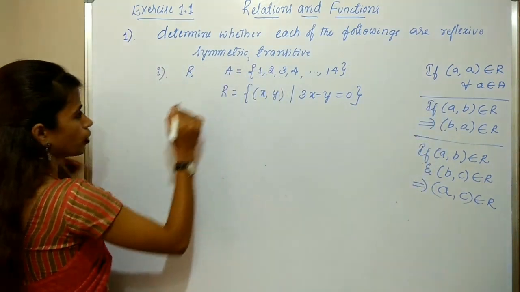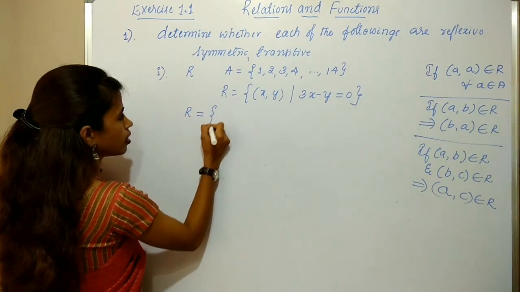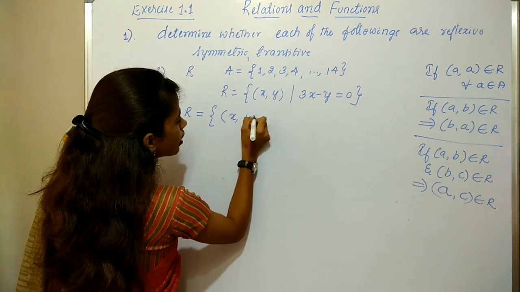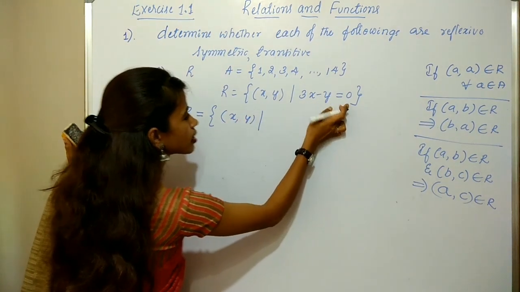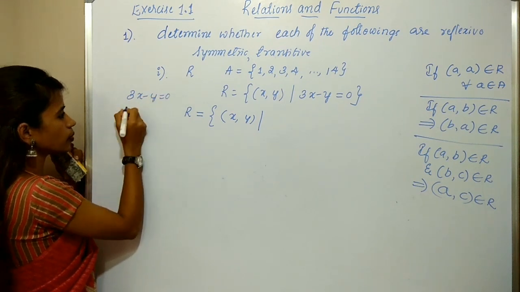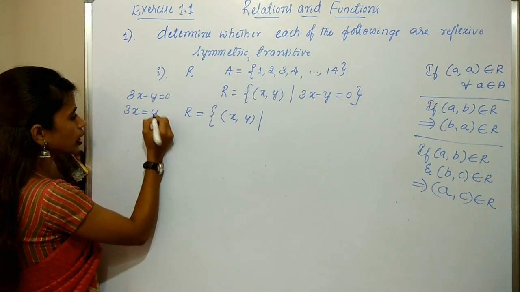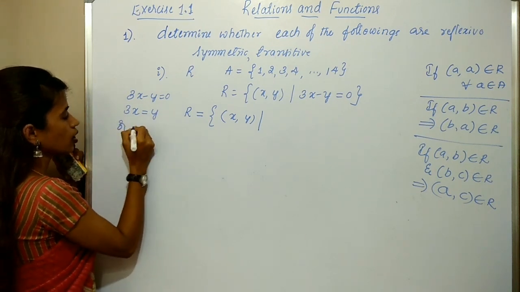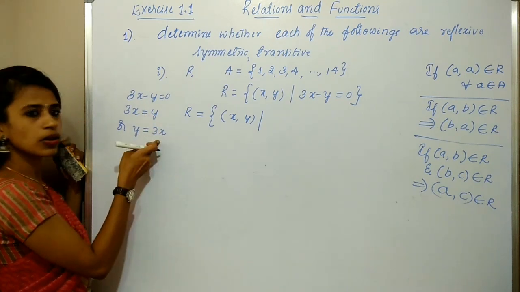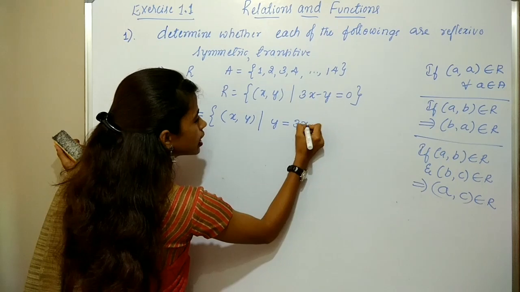Okay. So first, here I am taking the solution. R = {(x, y) : 3x - y = 0}. 3x - y = 0 means 3x = y, taking minus y to the right hand side, so y = 3x.